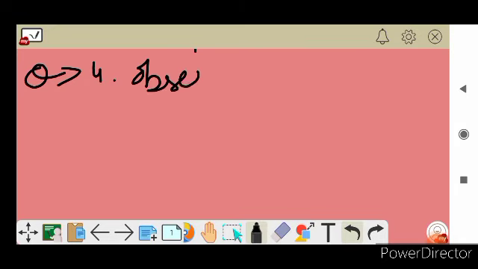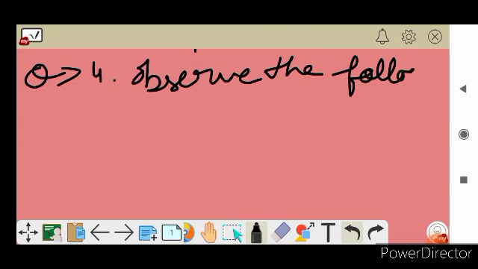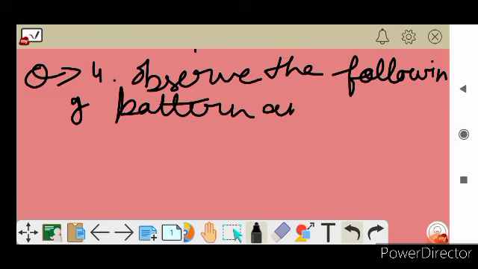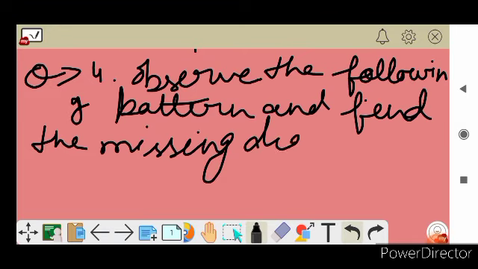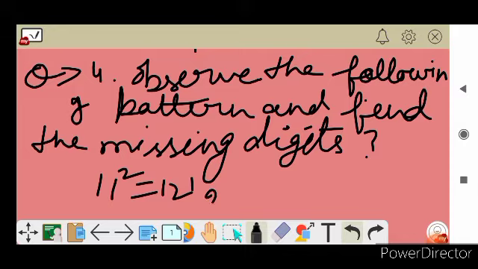Observe the following pattern and find the missing digits. 11 square equals 121 and 101 square equals 10201.